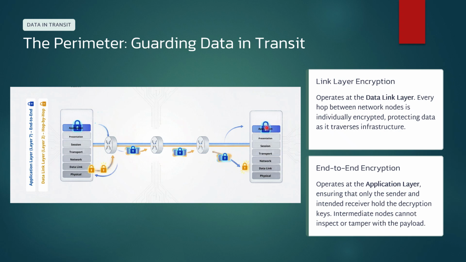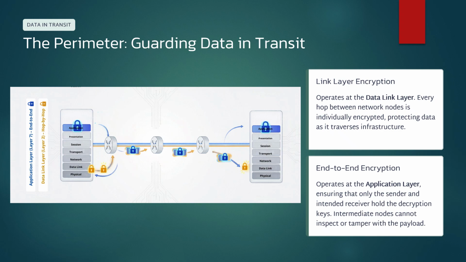So these are two types of encryption that guard the data while the data is in traveling mode. The most secure is link layer and end-to-end both, and they are used in combination. It's not like only one type of encryption is used and the other type is not being used. That's not the case. Both encryptions are used together to make the data travel securely.